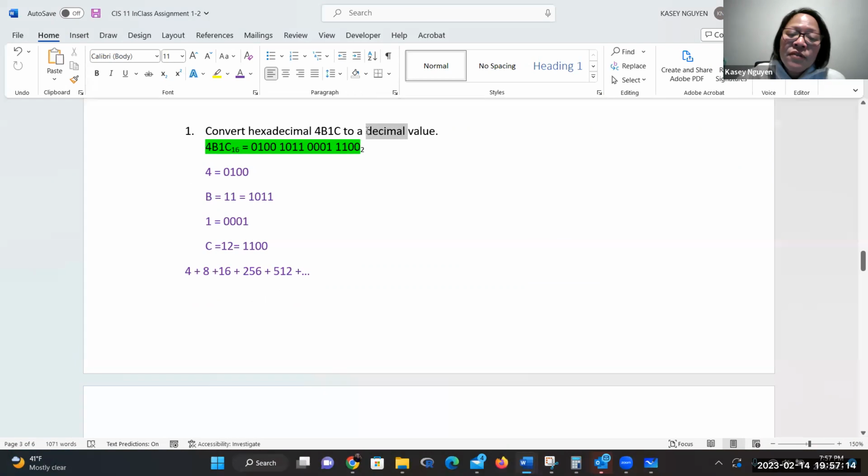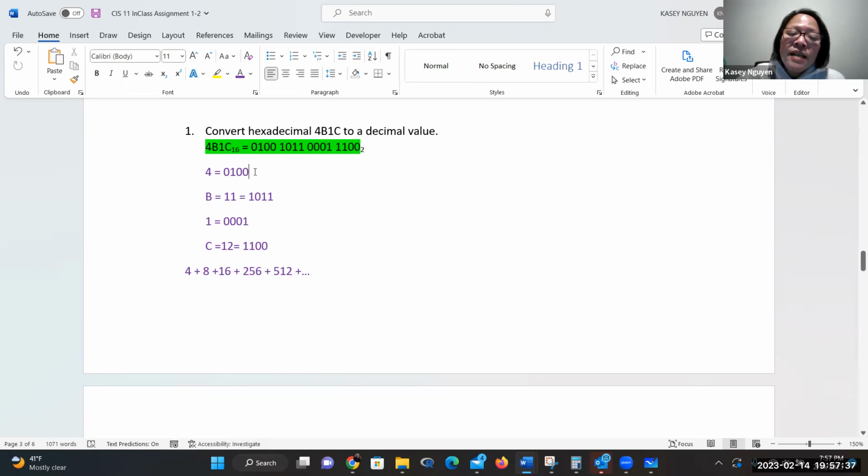The question asks you for a decimal value, so we cannot just stop at the binary. Once we have the binary value, remember the scale that we had? You put it on that scale and you sum up the bits that have the 1 on the top. So there's an extra step there that you have to do.